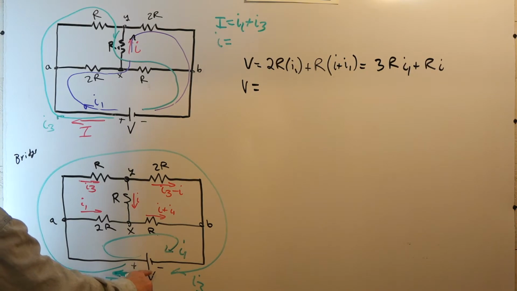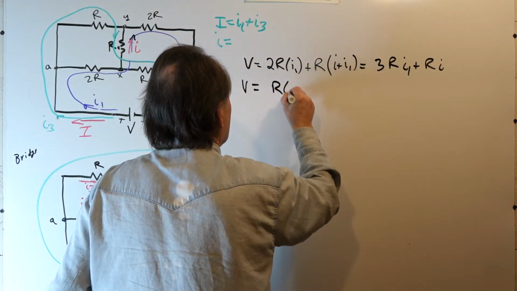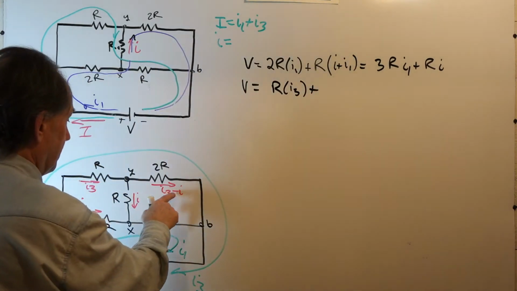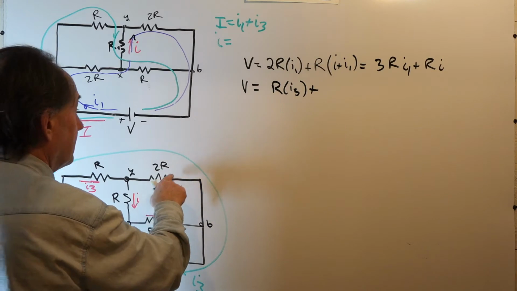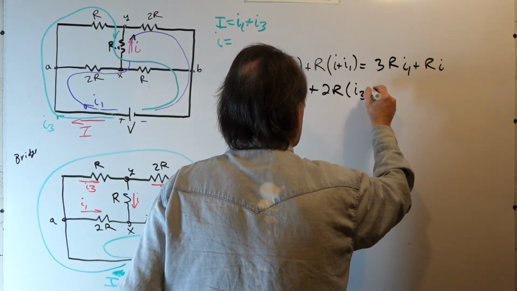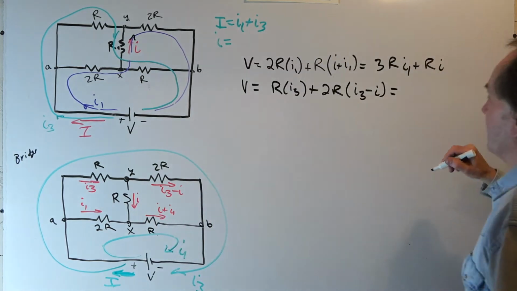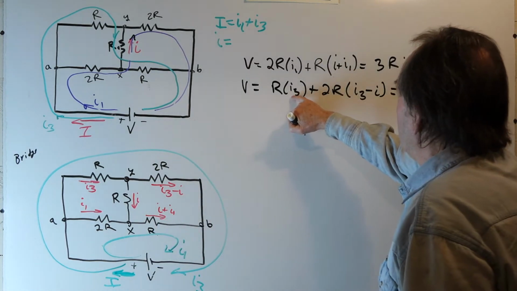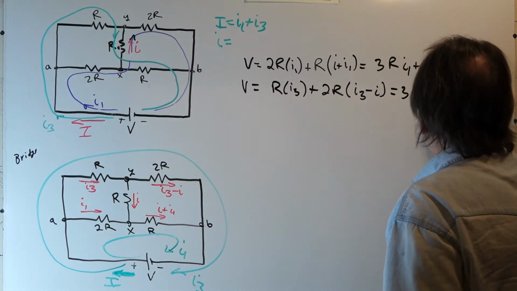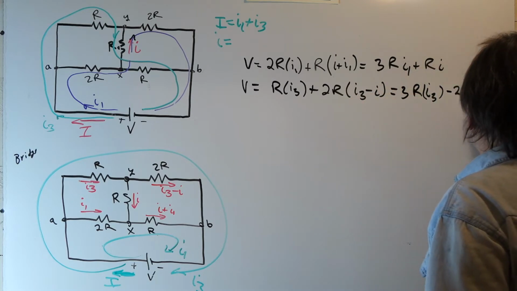Summing the voltages, V is equal to I3 times R, or R I3, plus I3 minus I going through the 2R resistor. And combining like terms here, we have R I3 plus 2R I3, so that's 3R I3 minus 2R I.